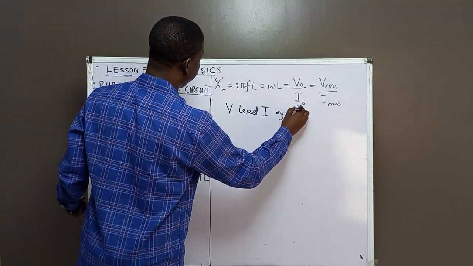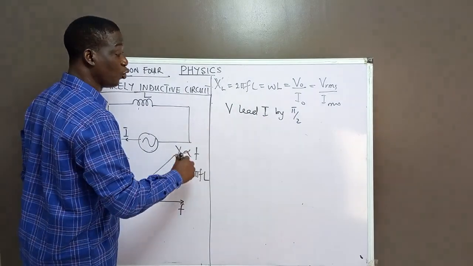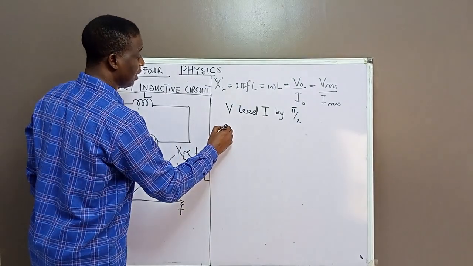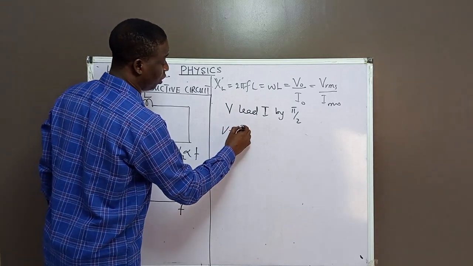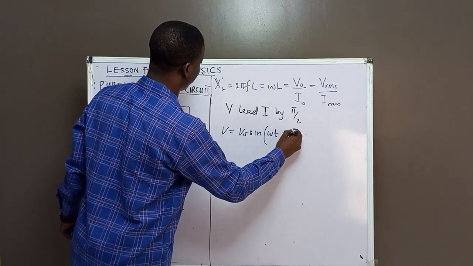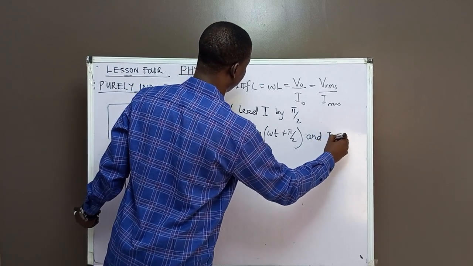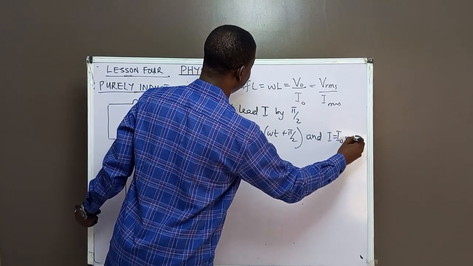Don't forget also that in this purely inductive circuit, the voltage leads the current by pi over 2. In other words, the equations involved can be written as V equal to V naught sine (Wt plus pi over 2) and I equal to I naught sine Wt.